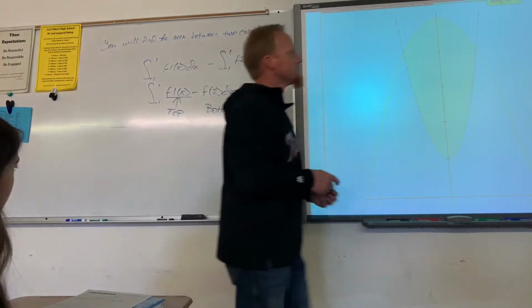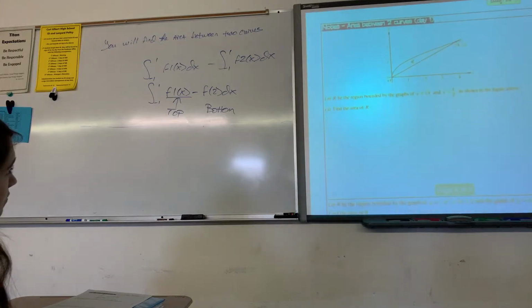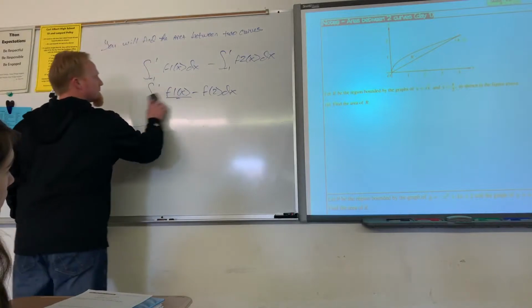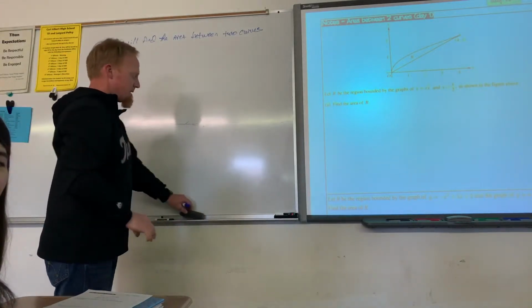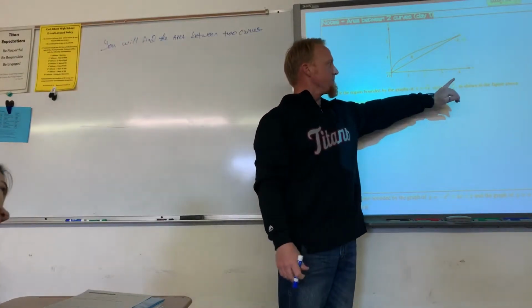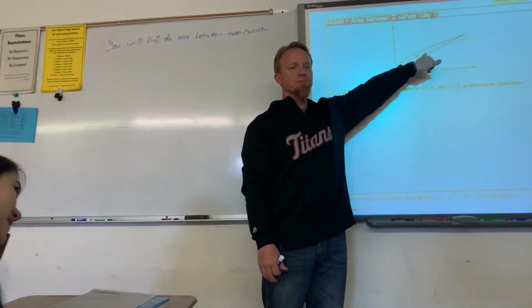All right, so let's get to what you have in front of you. It says let R be the region bounded by the graphs of the square root of x and y equals x over 2. So that means R is the area that's trapped.